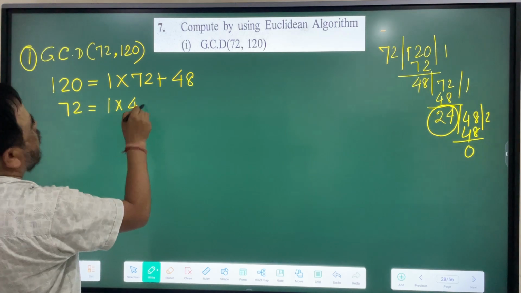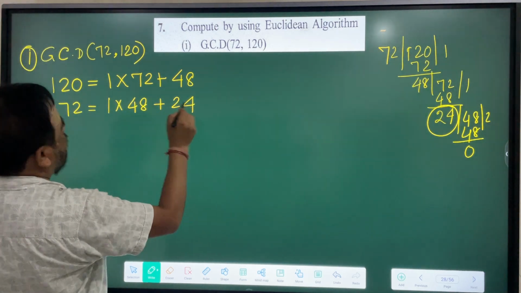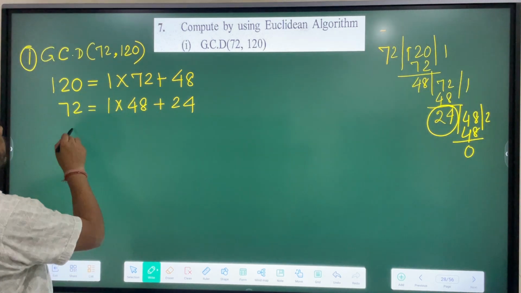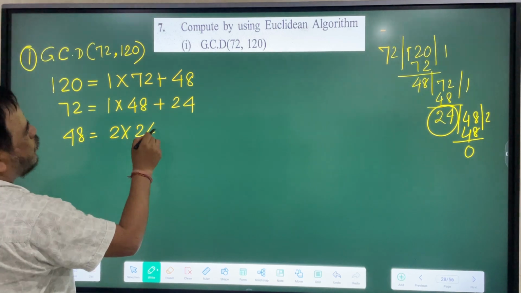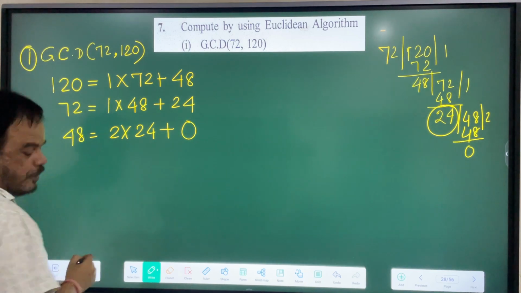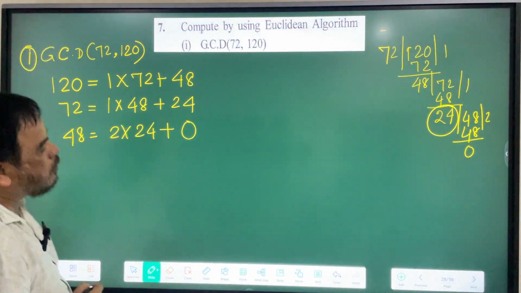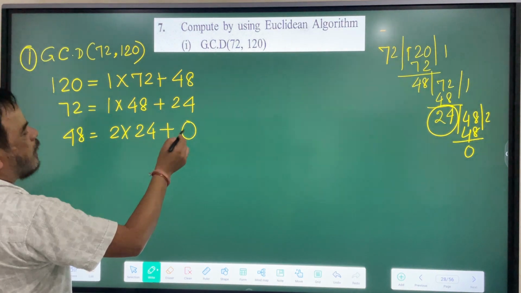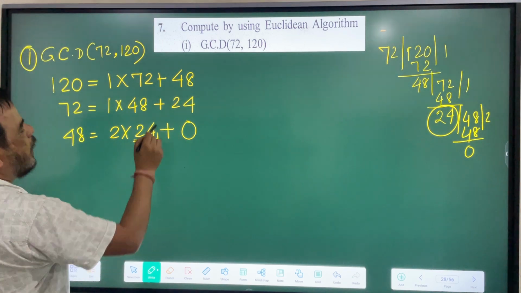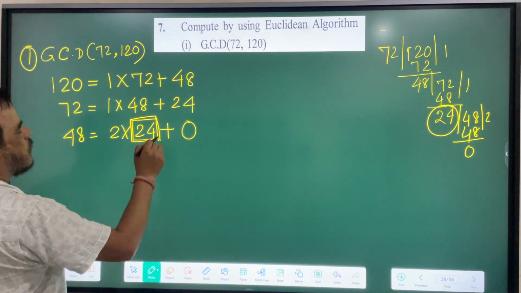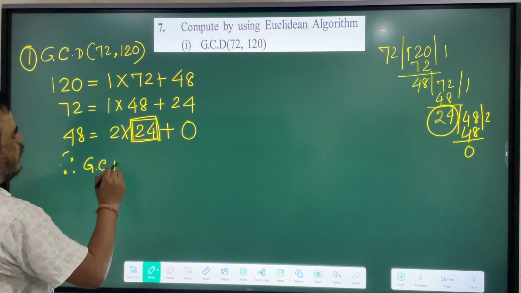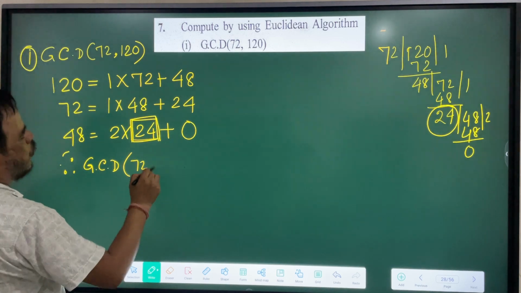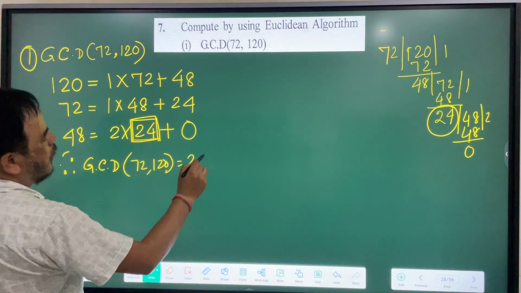Next, 48 is equal to 2 into 24 plus 0. When we get remainder 0, this will be the GCD, as I already explained. Therefore, GCD of 72 and 120 is equal to 24.